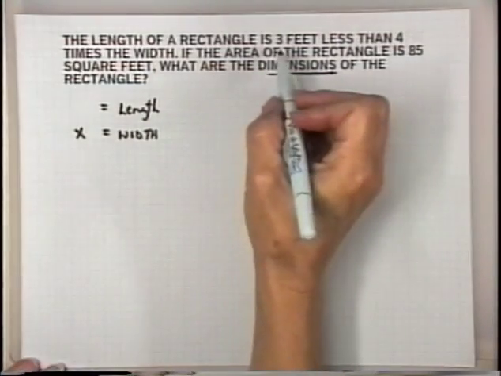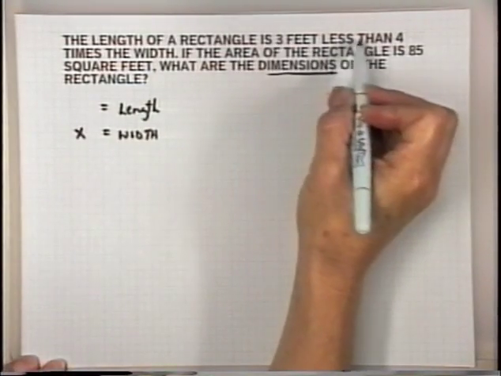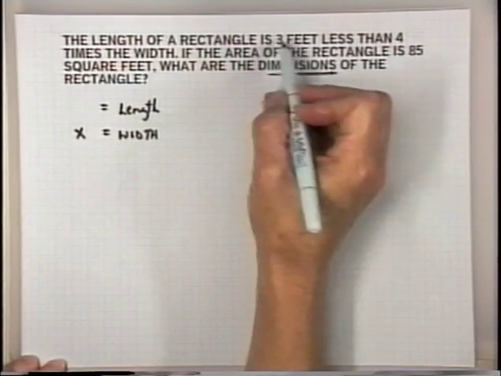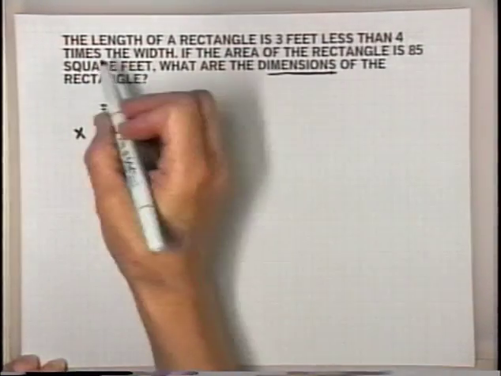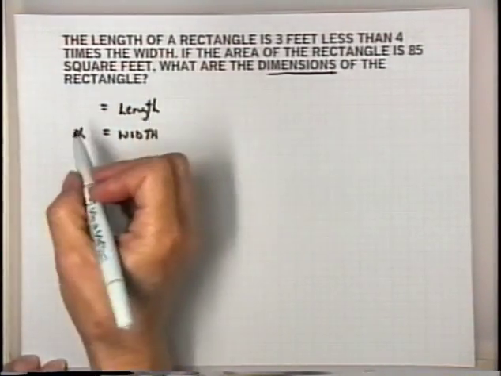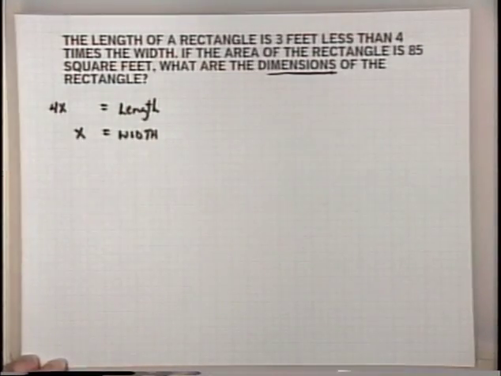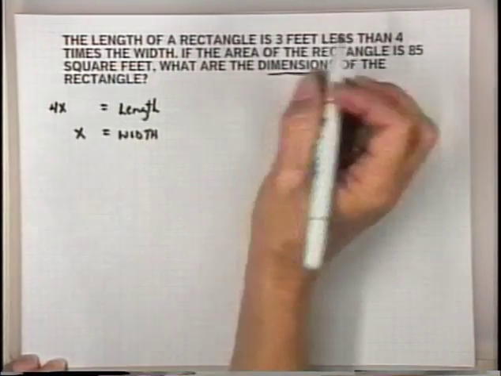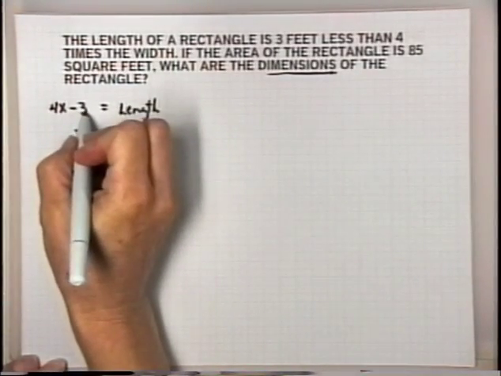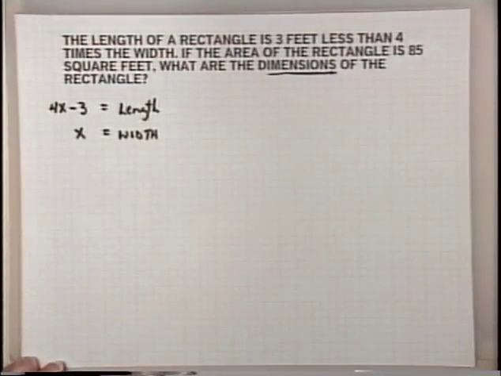And then with that in mind, 3 feet less than means we need to take 3 feet away from 4 times the width. If x is the width, 4 times the width would be 4x, and we need to take 3 feet away from that to have 3 feet less than 4 times the width.